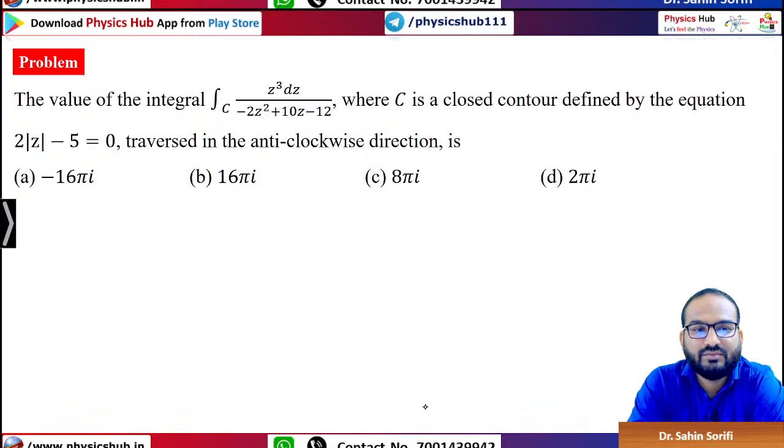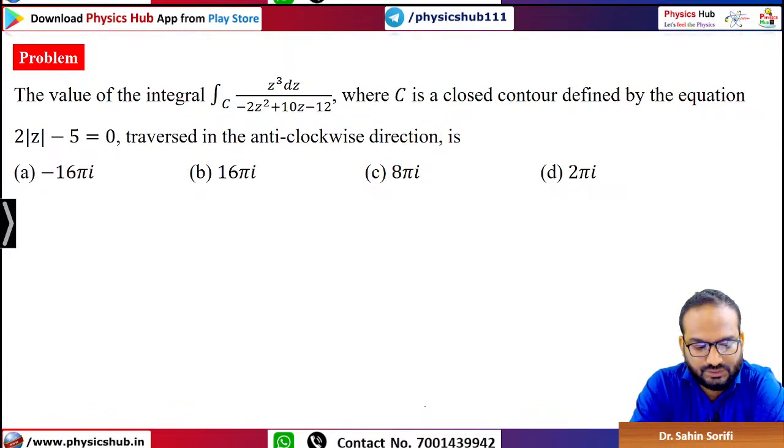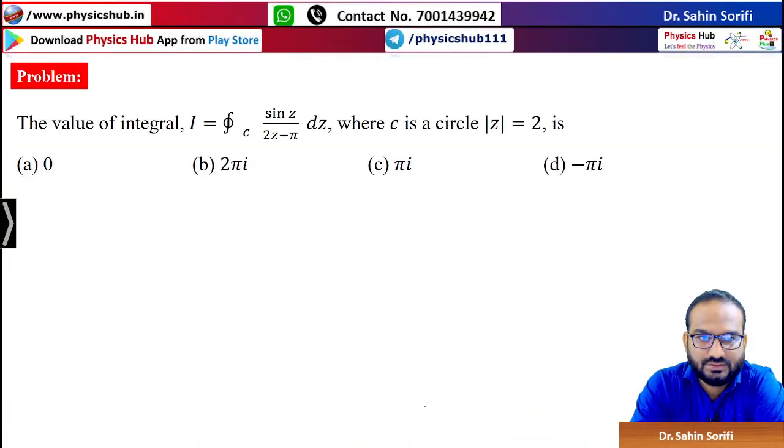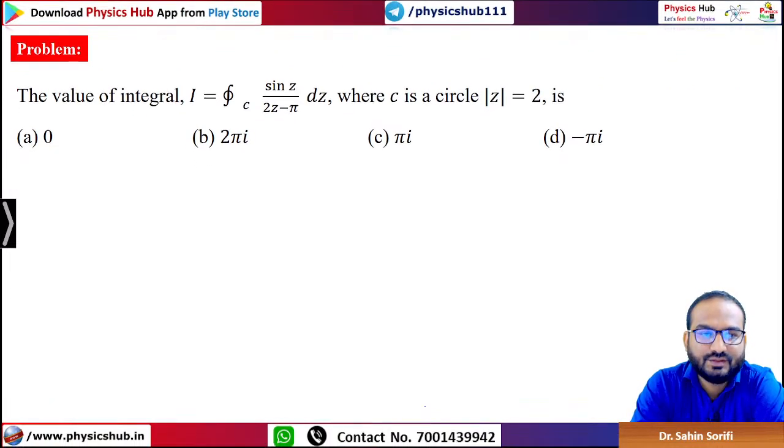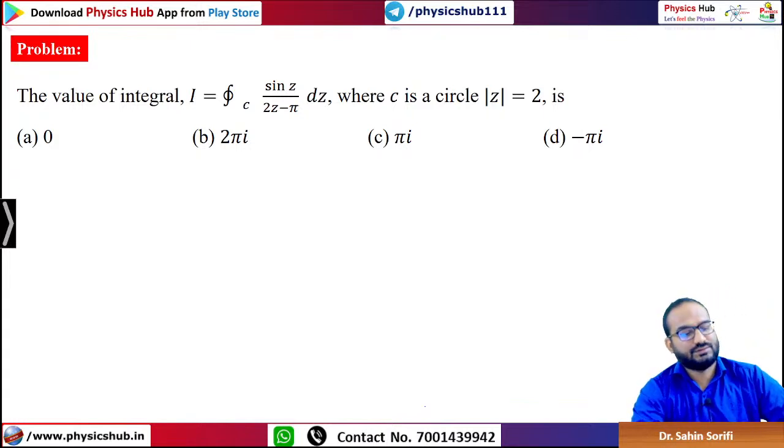So this problem we have already done, I think. We have done it once. We have done this problem today only. Just confirm. Chalo, let's do this problem then. The value of integral I equals this, where C is a circle, mod z equals 2.